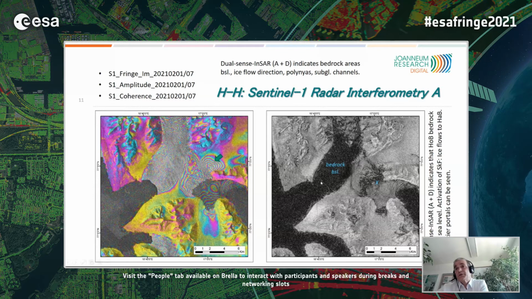And it indicates also that the bedrock of the Hornbreen Glacier is below sea level for its entire length, for the entire length of this glacier.